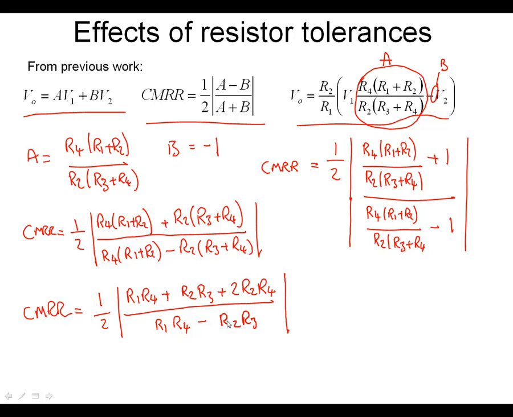What we're going to need to do now is actually work out what we're going to do with some of those resistors. Well, as we've already said before, we often put them in sets and pairs. I'm going to make the grand assumption that R1, R2, R3, R4 are all R plus or minus delta R. So they're all set to the same value. They've all got a resistance plus a tolerance band. Okay?